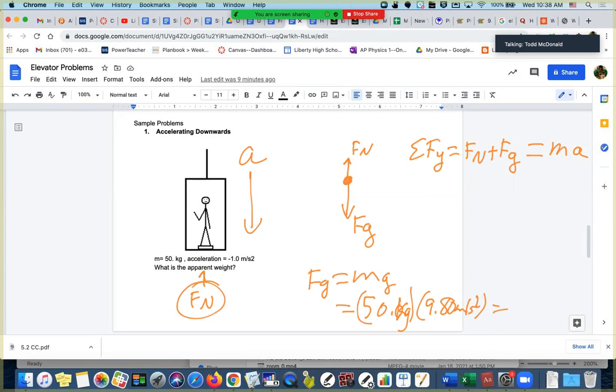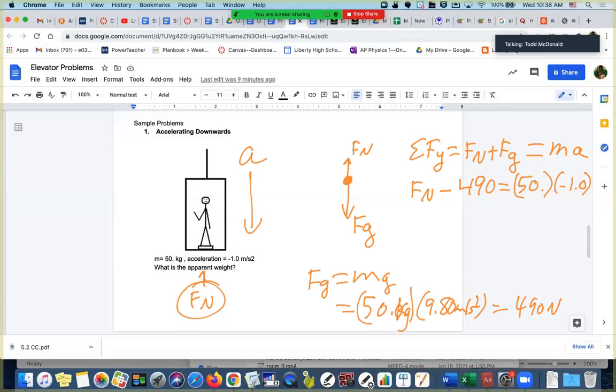I'm going to go with 2 sig figs, and I'm going to call it 490 newtons. Now remember that is a downward force. So when I plug in numbers, it's normal force minus 490, because it's downward, is equal to my mass of 50 kilograms times my acceleration downward of negative 1.0.